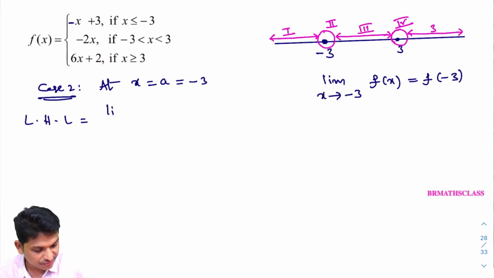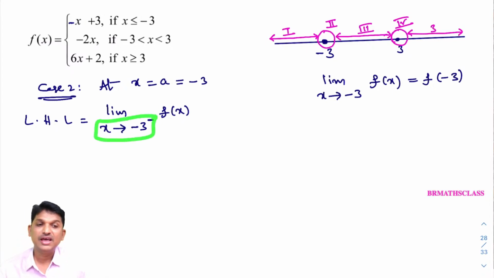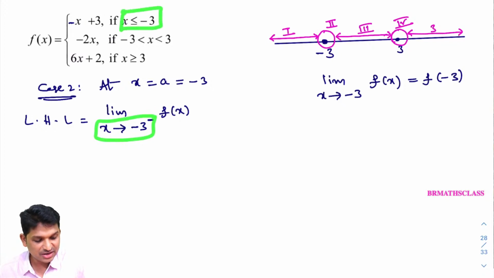How to calculate left hand limit? Limit x approaches to minus 3 from left of f of x. X approaches to minus 3 from left means all x values are less than minus 3. It is very clear. When x values are less than minus 3, we need to choose this function.